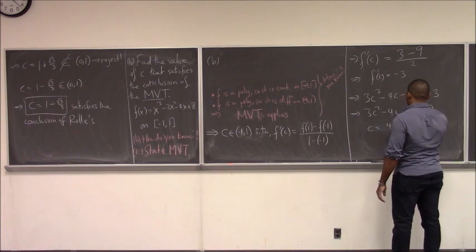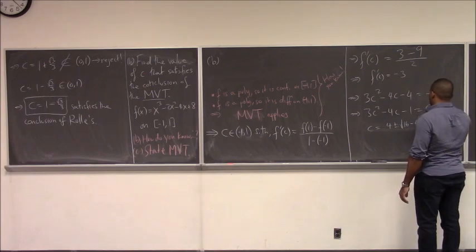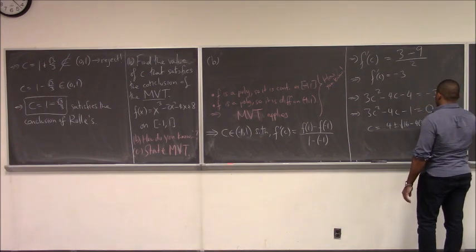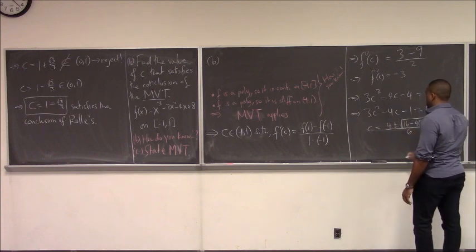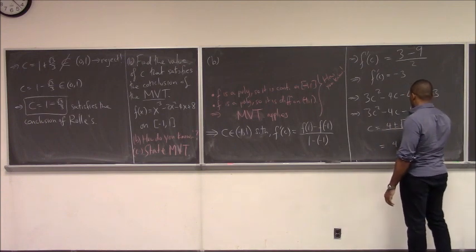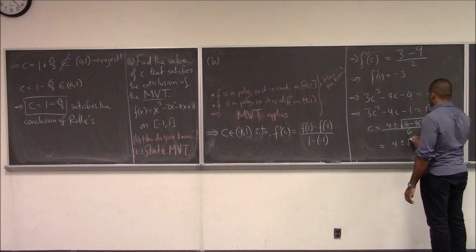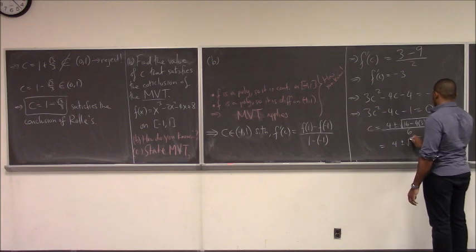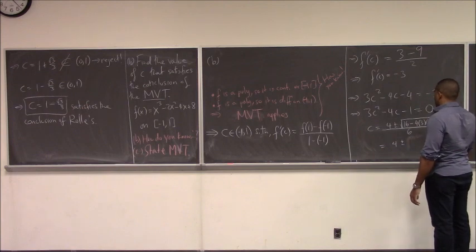Minus b plus or minus the square root of b squared minus 4 times a times c, all over 2 times a. That's 16 plus 12. That's 28.